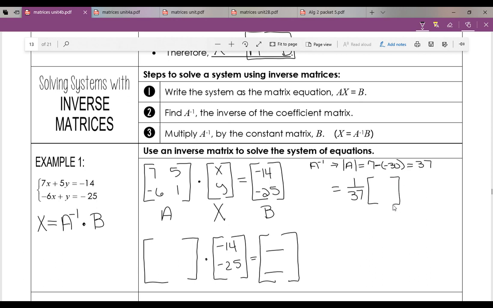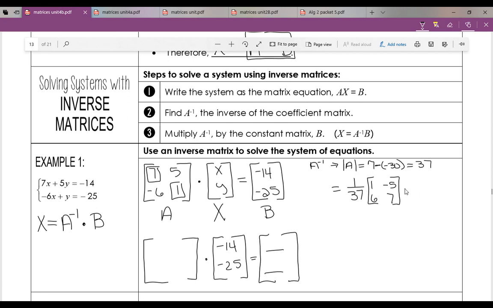To find the inverse, remember these two switch places. So 1 and 7 switch places. What do I do with 5 and negative 6? Change the signs. That's exactly right. So negative 5, positive 6. And as ugly as this may turn out, that's okay. I have to distribute that scalar 1 over 37.